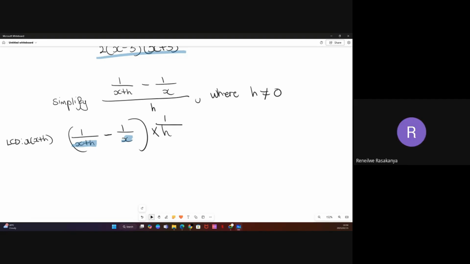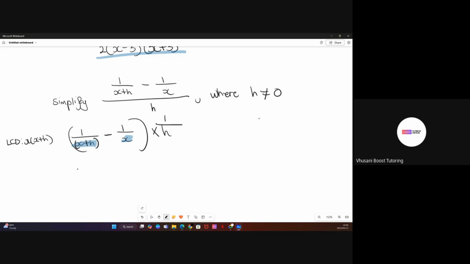Why don't we say our lowest common denominator is x plus h? In this case, we would only say it's x plus h if, remember these are two different terms. This positive changes everything.